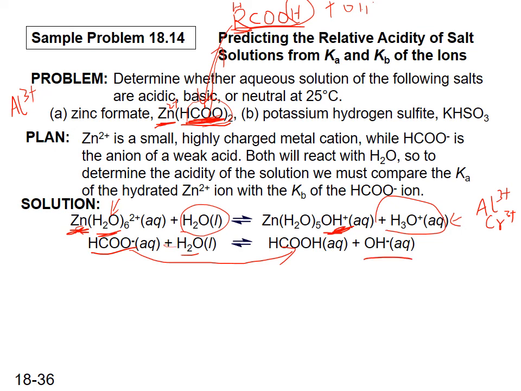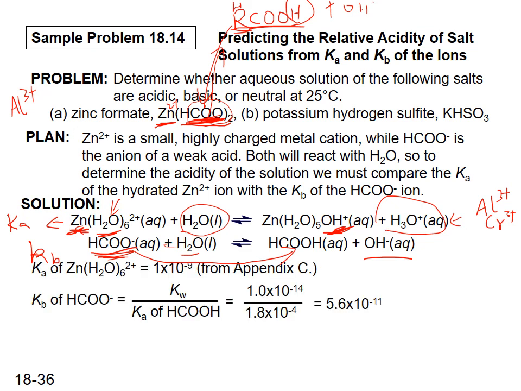In the first reaction, the zinc ion serves as an acid, so we look at the Ka, and in the second reaction, the anion serves as a base, so it's a Kb. So we need to find the Ka and the Kb. Now we look at the textbook appendix. You should be able to find the Ka for the first reaction, hydrated zinc.